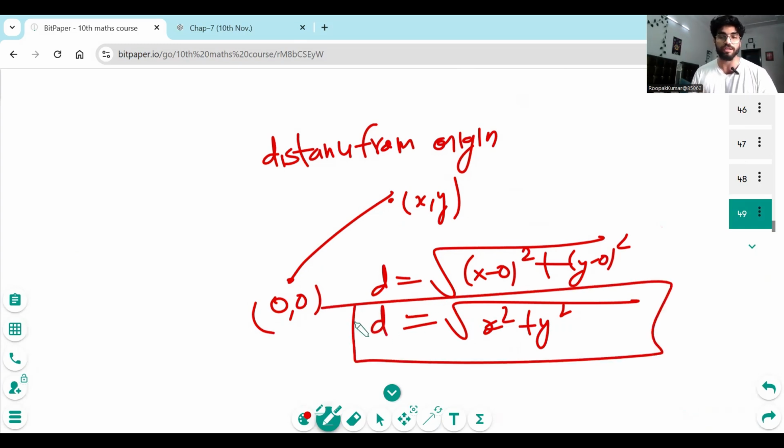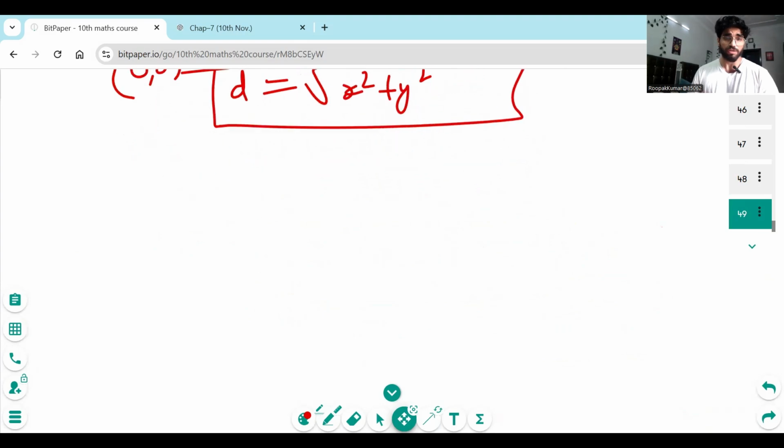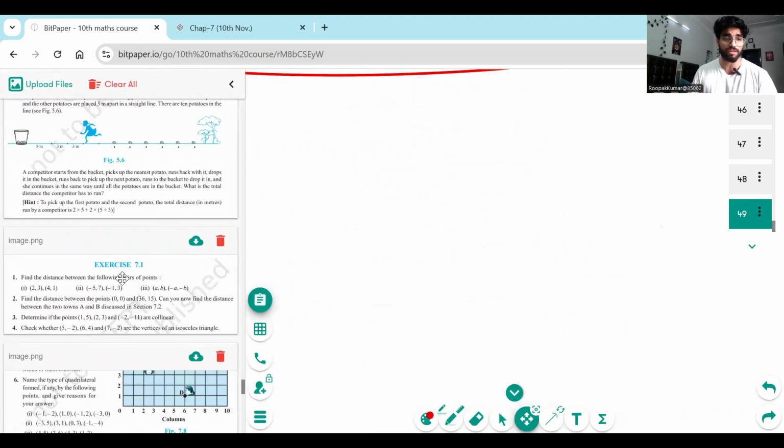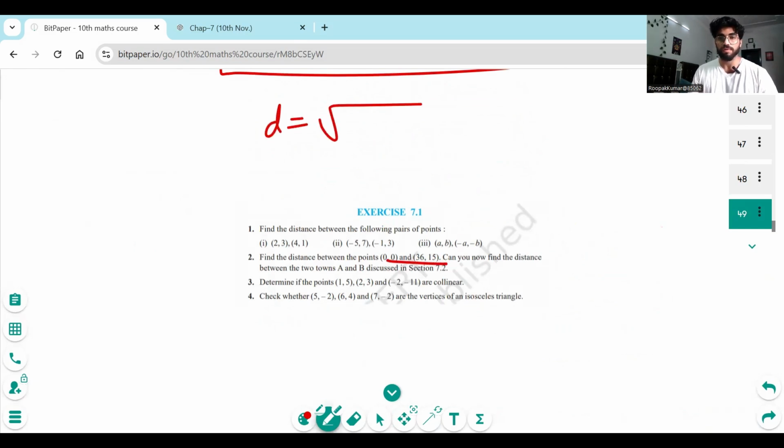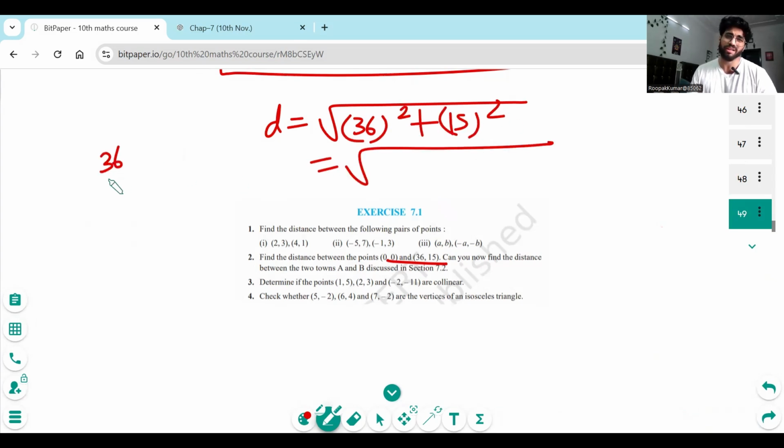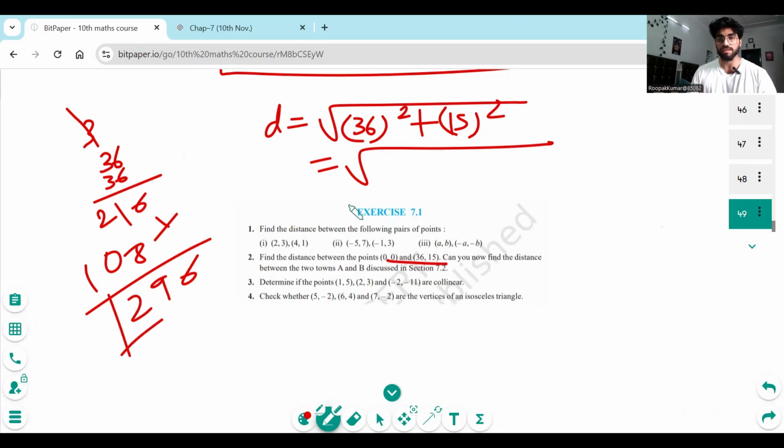The distance will be root of x squared plus y squared. So that is the distance from the origin. There are these 2 points and we have to calculate the distance from the origin. Because (0, 0) is the origin, so x squared plus y squared only you do. So when you do 36 squared, 1, 2, 9, 6. Yes, it is correct. 1296 plus 225.